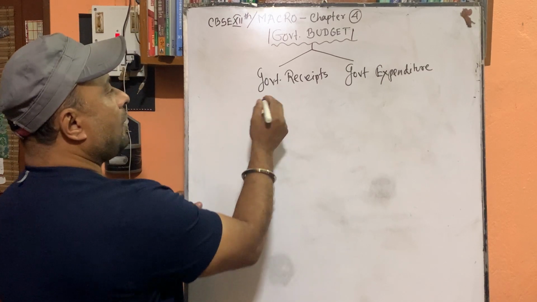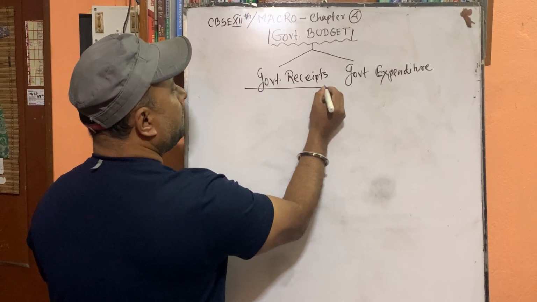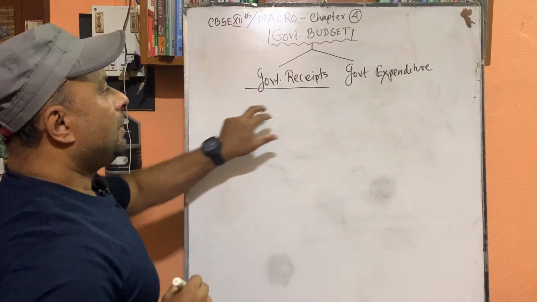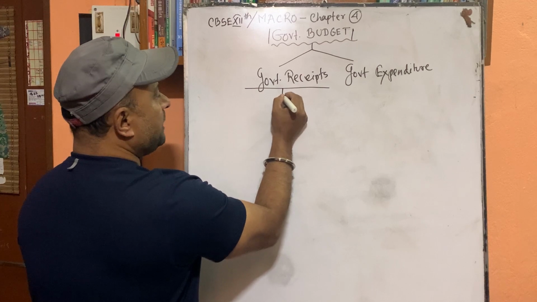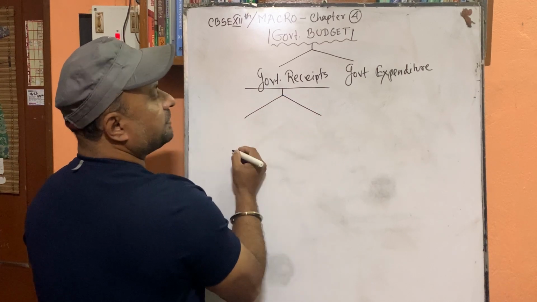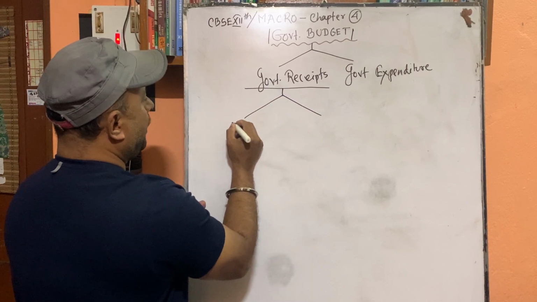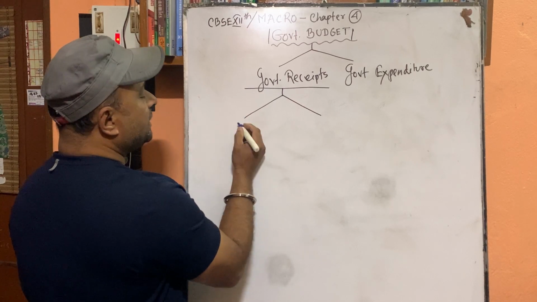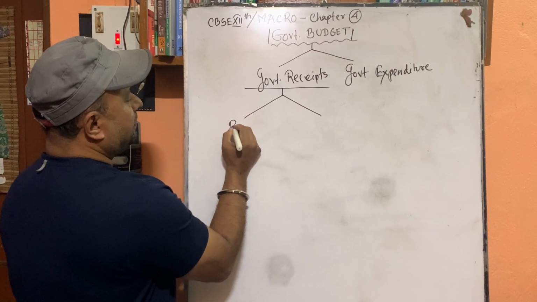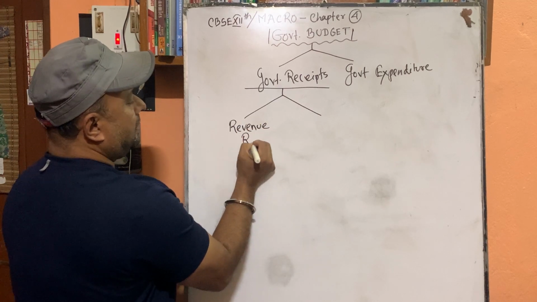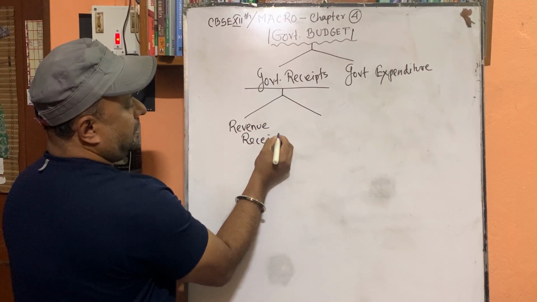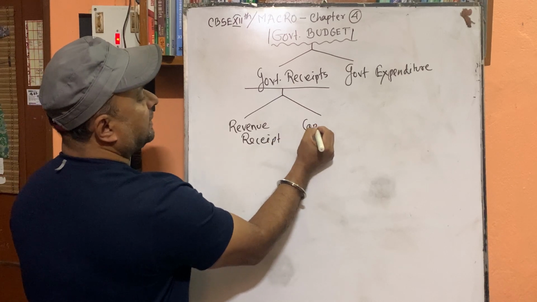Now government receipt, from where government will get its income. In government receipt, generally government gets two types of income or receipts. One is revenue receipt, another is capital receipt.